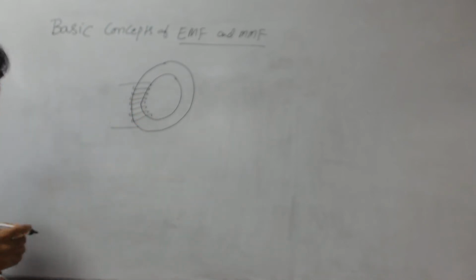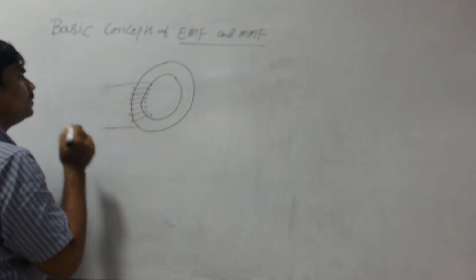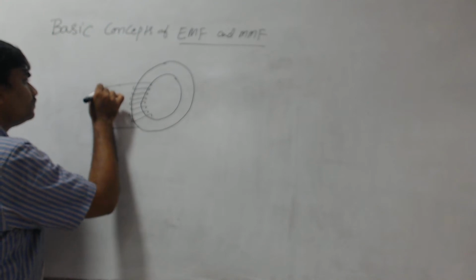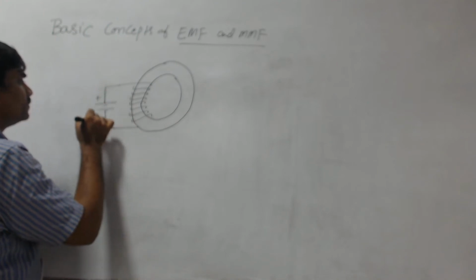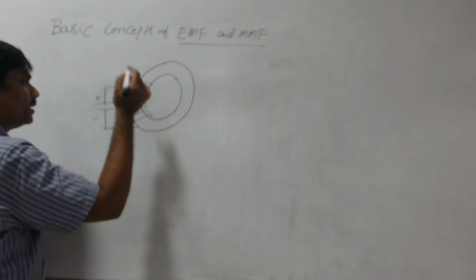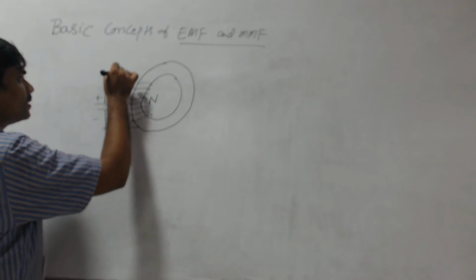This winding is excited with a source. Maybe we apply some voltage, but it has N number of turns, and it passes the current I.